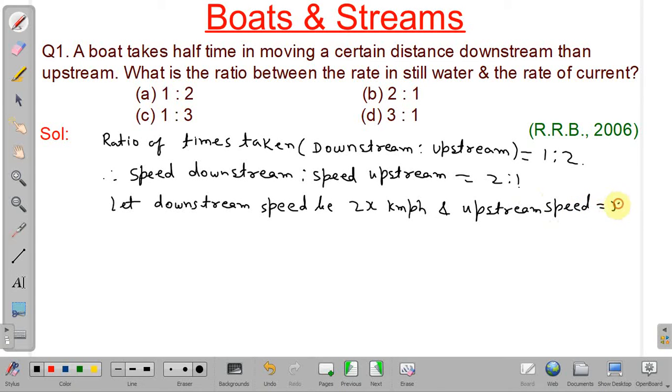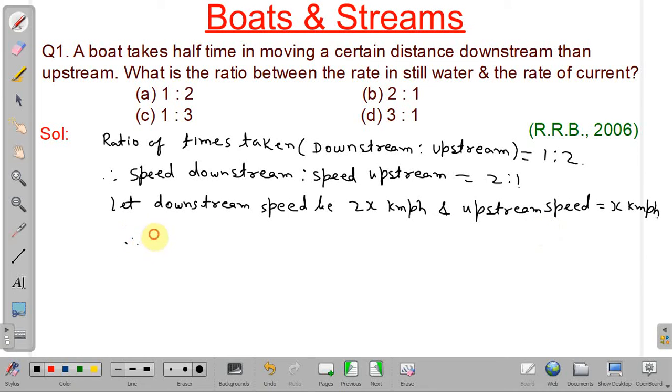It is x kilometer per hour. Okay. Now we know rate of boat or speed of boat in still water will be equal to half into sum of downstream speed and upstream speed. This you can see in the lecture boats and stream. This will be the first lecture in the boats and streams playlist. Okay, so you can go and see all the formula.